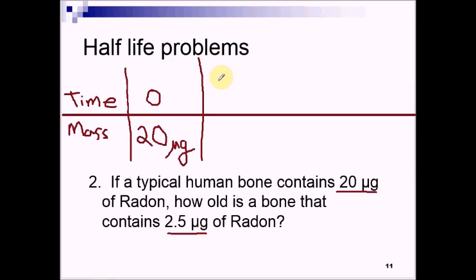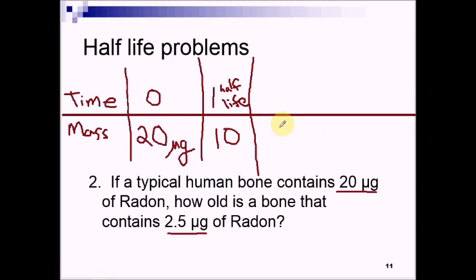So one half-life goes by. How much radon would we have left? Well, divide it in half. We'd have 10.